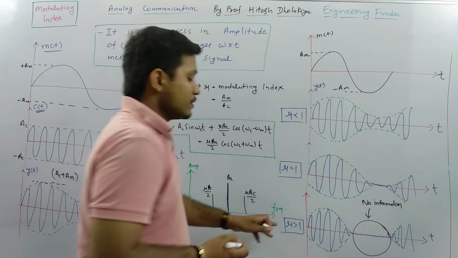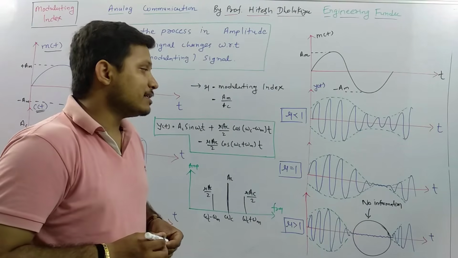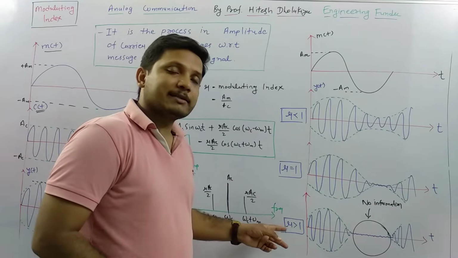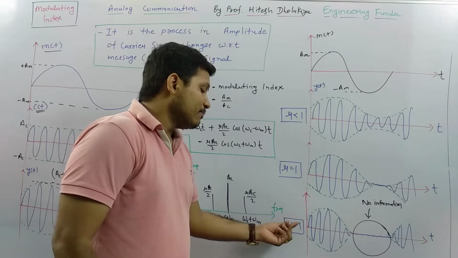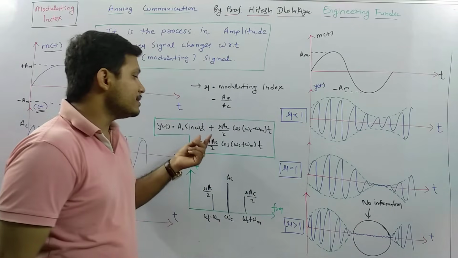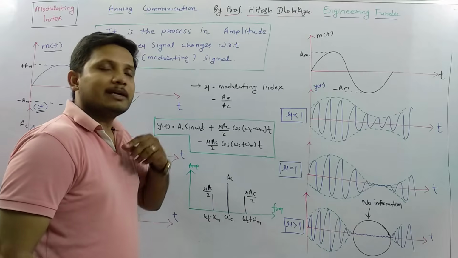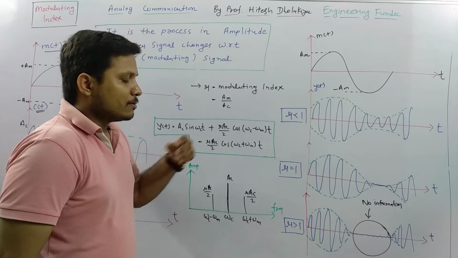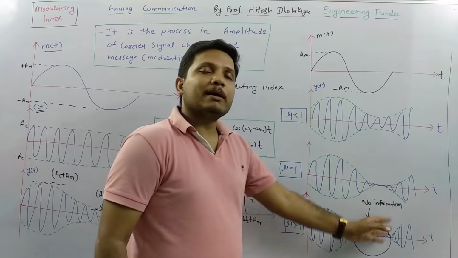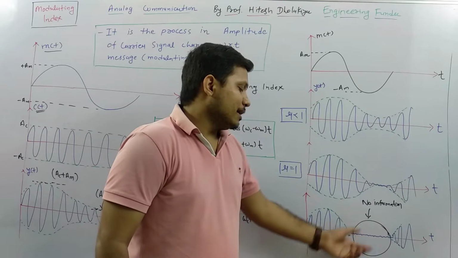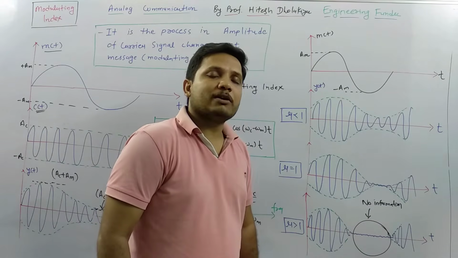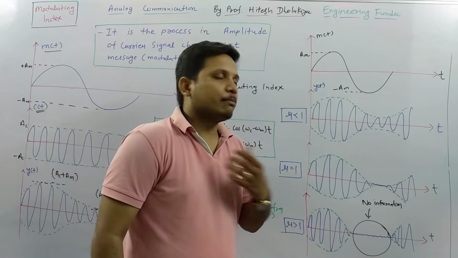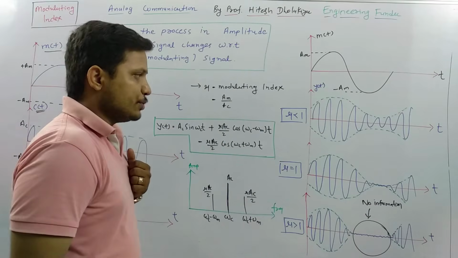That is the issue which will be generated if you have modulating index greater than 1. If modulating index is greater than 1, it means Am is greater than Ac. In that case there is a problem of distortion, and a possibility of loss of information. So that is one issue.